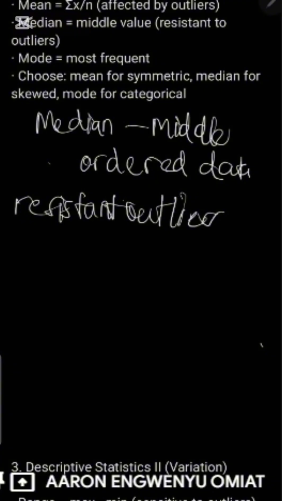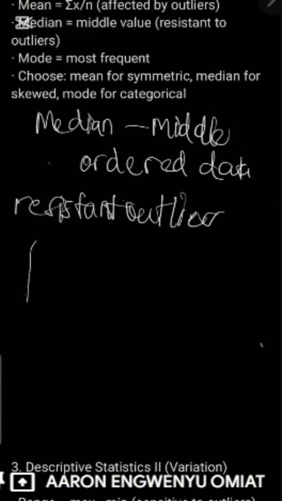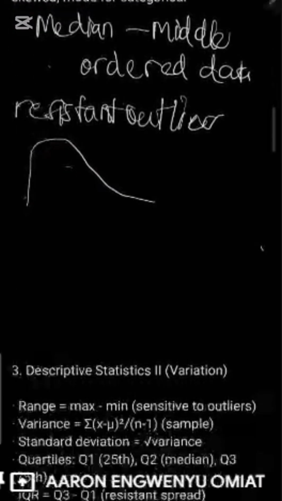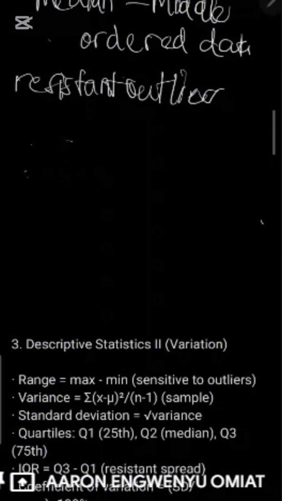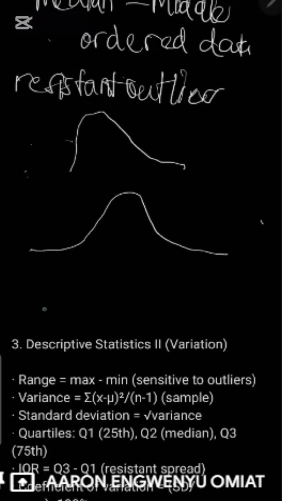Also, in a situation where the data is skewed, it depends on how the data is shaped. Let me show you three illustrations. We have this, this, and this. These are three shapes of data.